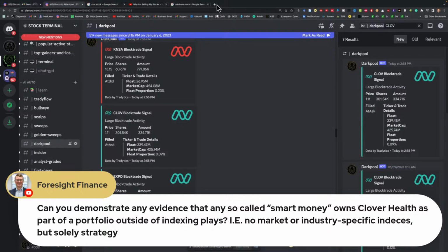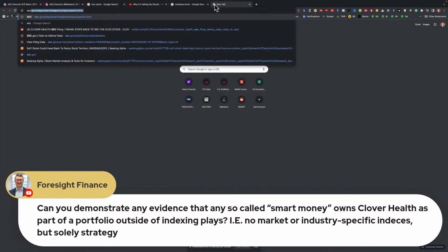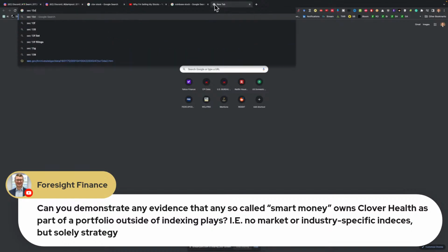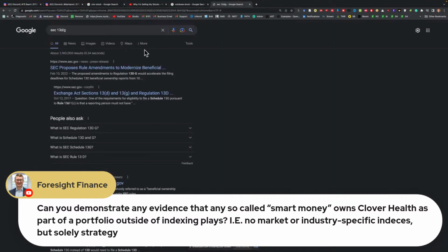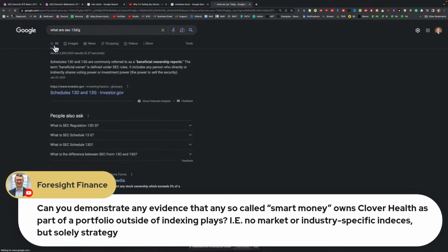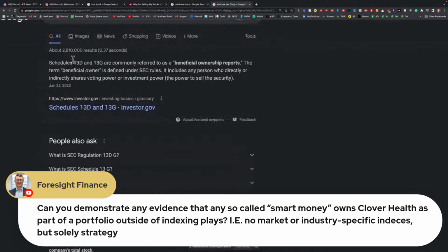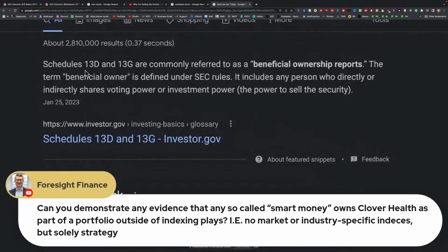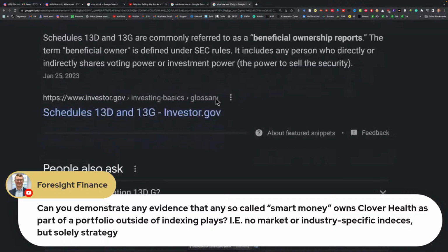For people that don't know, these are SEC 13D/G filings, commonly referred to as beneficial ownership reports. They essentially tell you who buys and who sells.